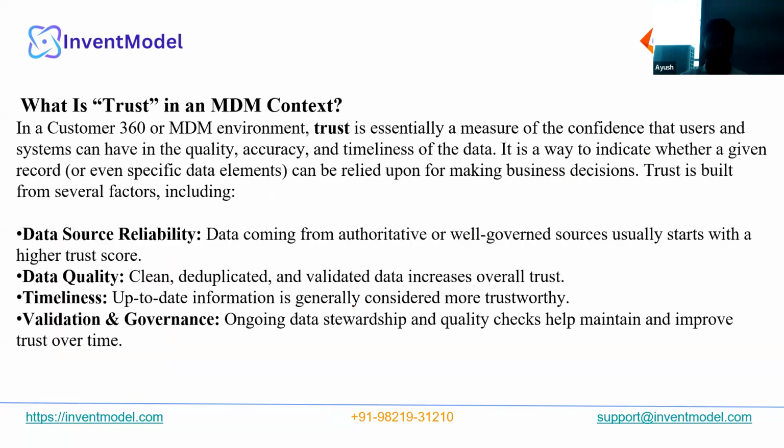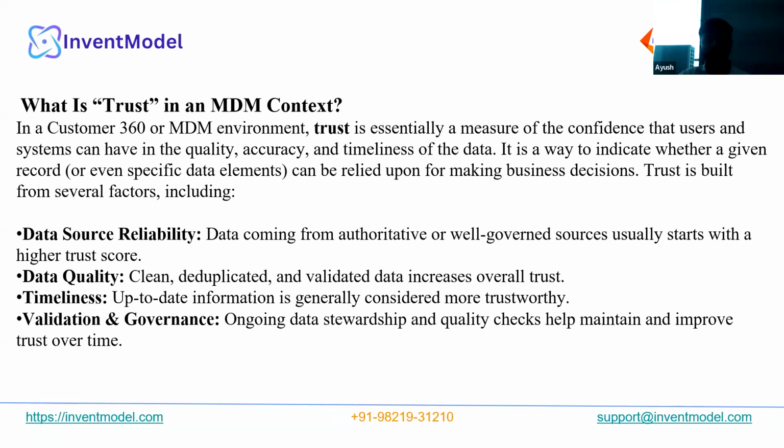As we have covered in Informatica MDM on-premises as well, trust basically is a measure of the confidence that users and systems can have in the quality, accuracy, and timeliness of the data. So it basically measures the confidence value, like how much confidence we have in the data that we are getting from the multiple sources.